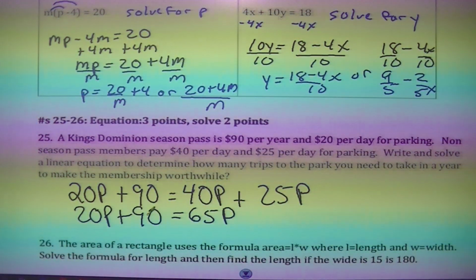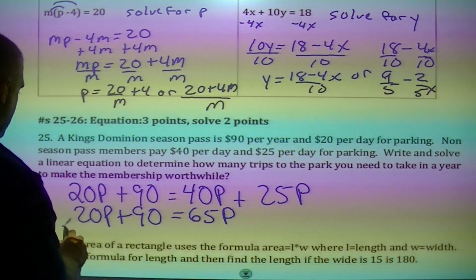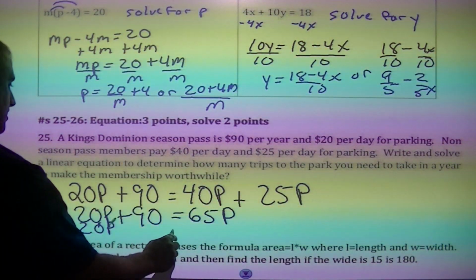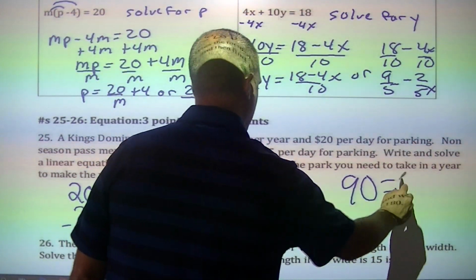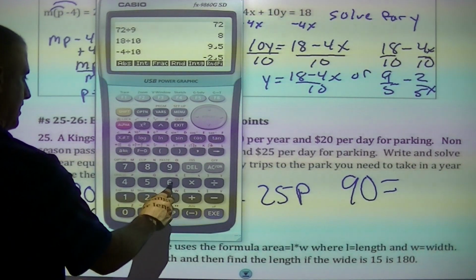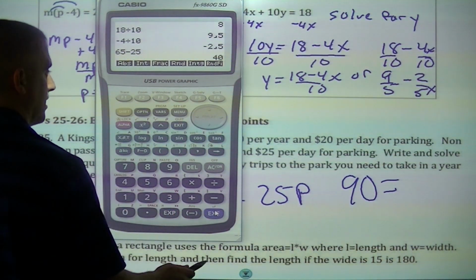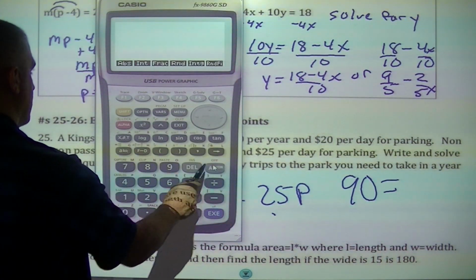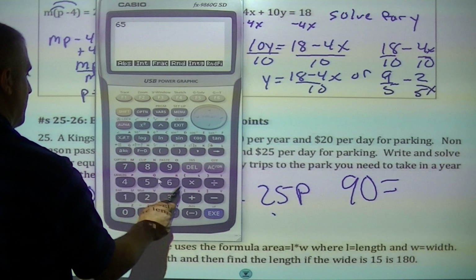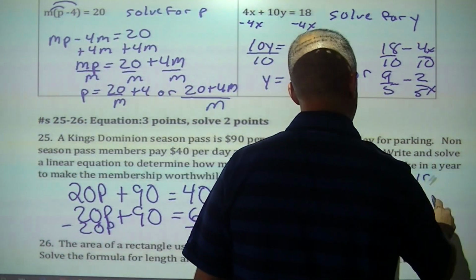Okay, all right. Now, what I would want to do is I would want to move this p over to this side. And I would do that by subtraction. Okay, so what I would have is 90 equals, okay, 65 minus 25 is 40. No, I'm sorry, 65 minus 20. 65 minus 20 is 45p.